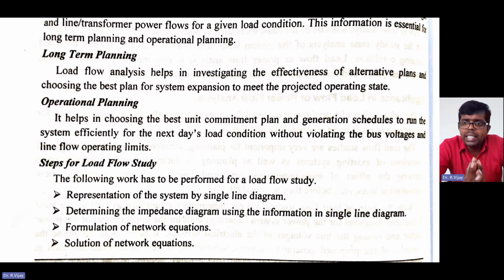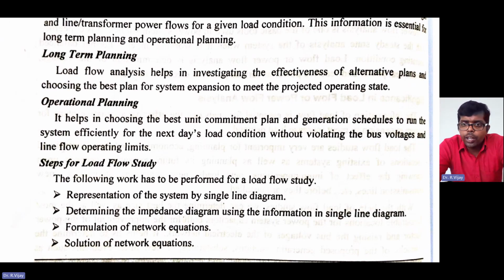A schedule means, say for example, a 24 hour period of time. Say for example this hydro you need to utilize for 18 hours, thermal generation you need to utilize for 6 hours, and some other renewable generation you need to utilize for 12 hours. Like that you need to schedule the generating stations for the next day.